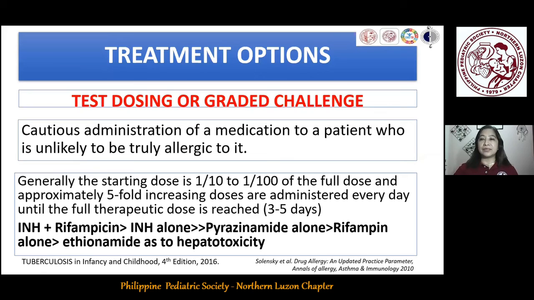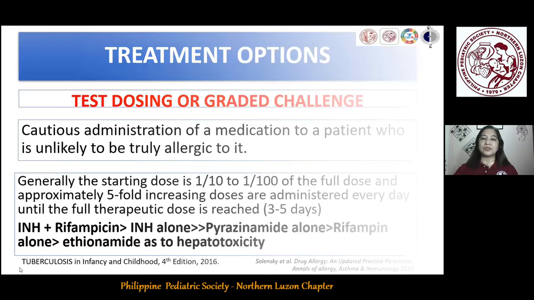However, more and more studies are coming up that it should be rifampicin that should be last, so we reversed it. So it's ethambutol, pyrazinamide, isoniazid, and then lastly your rifampicin. And most patients will be able to tolerate it when we do the proper graded challenge.